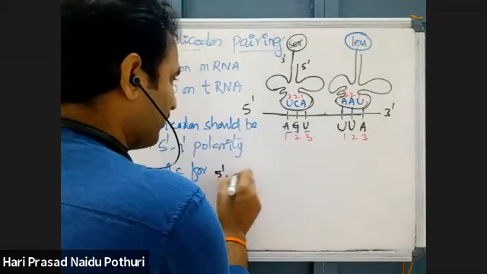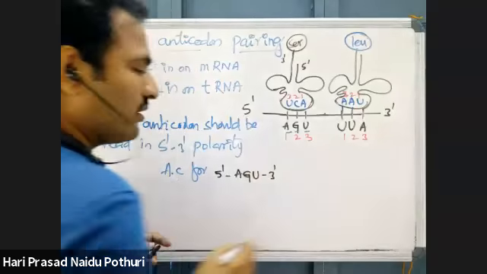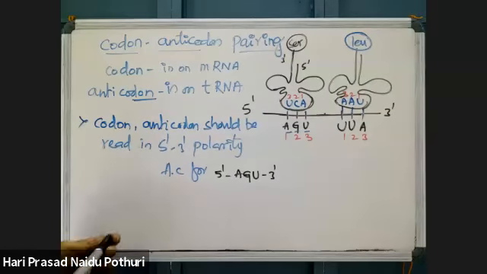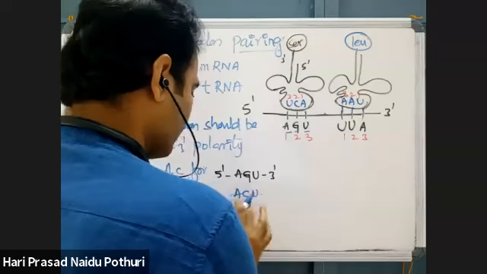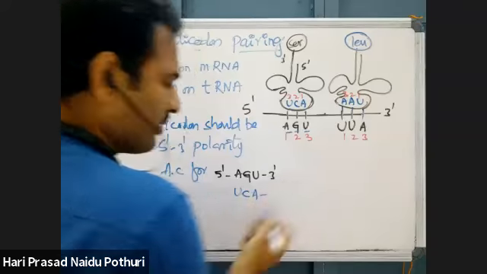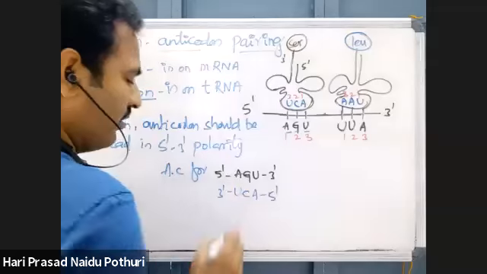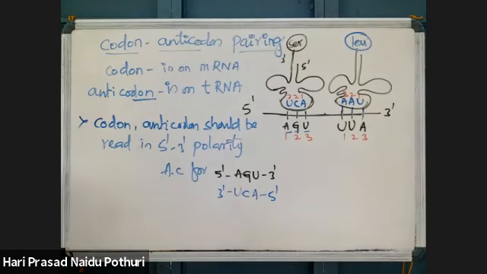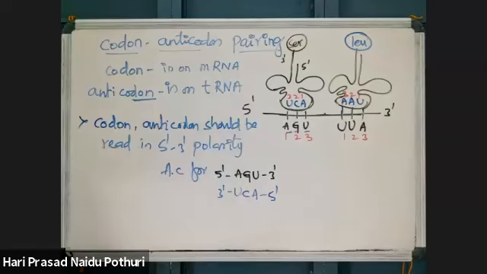If we need to write the anticodon for this, usually we will say UCA, but it should be read in 5 prime to 3 prime direction. So to avoid that confusion, we use the 5 prime and 3 prime ends.